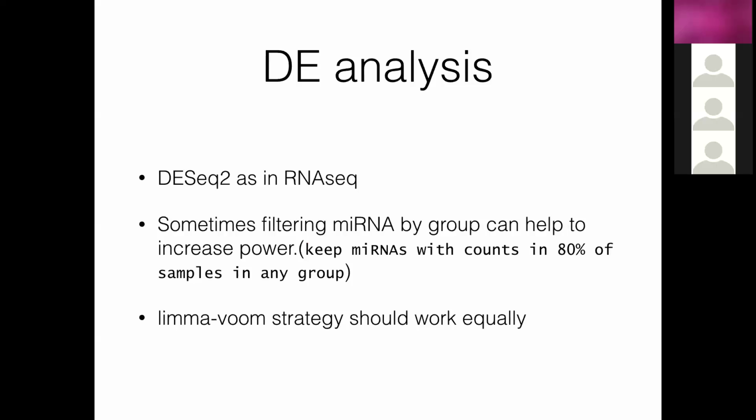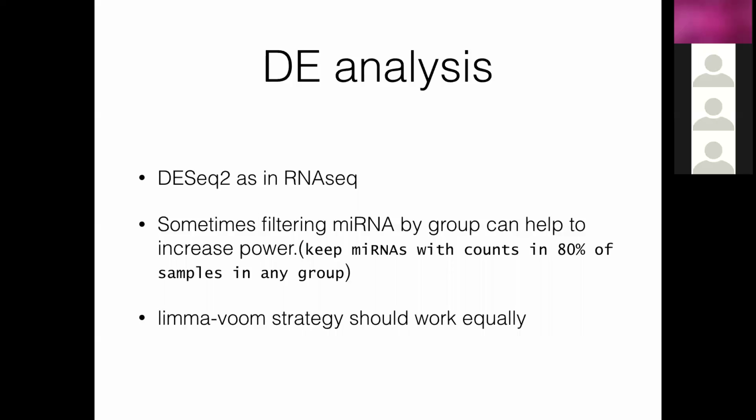And then what I sometimes do, because there is a lot of noise when the microRNA is low expressed, like some samples get super noisy, is just to filter by group. So meaning, what people do is keep microRNA that are expressed in, I don't know how many samples, okay. But sometimes I do the same rule, but only by group. So in any group, if there are 80% or more expressed, just take it.